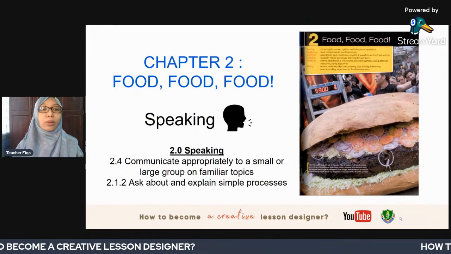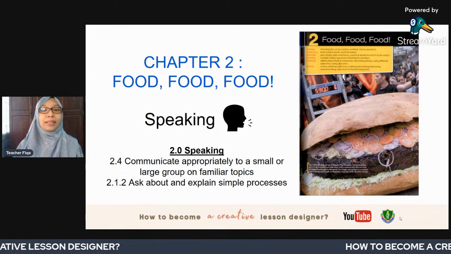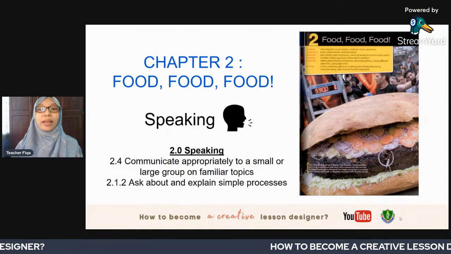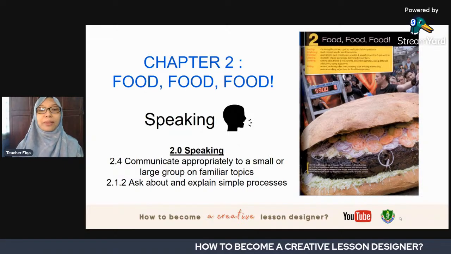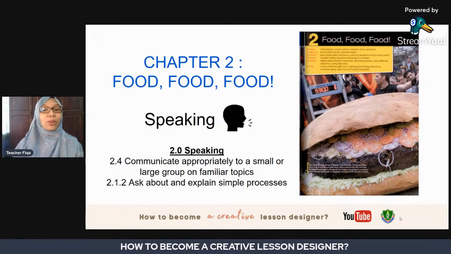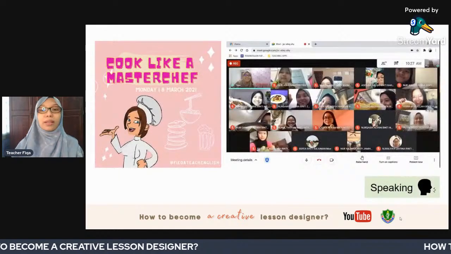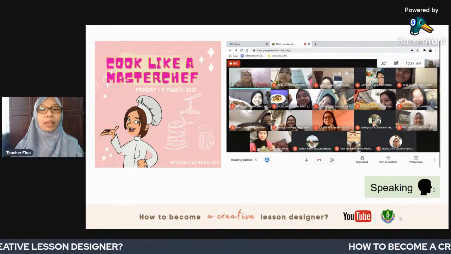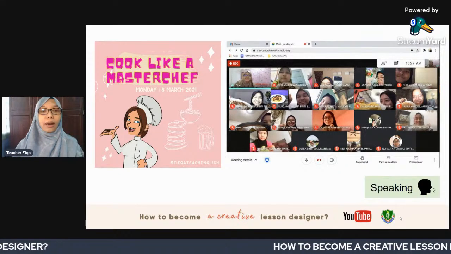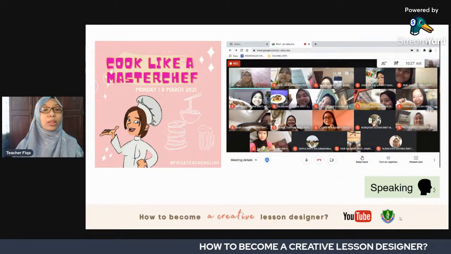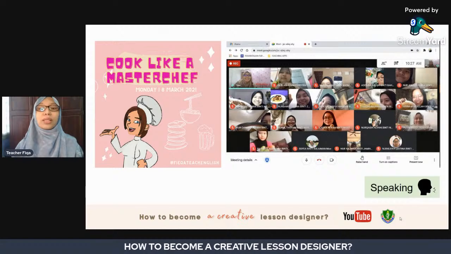The first one, in chapter 2 in the Close Up textbook, the topic is about food. And I think this topic is so interesting, right? And so relatable to us. Who doesn't love food, right? So I carried out this one lesson entitled Cook Like a Master Chef, where I asked my students to do a cooking demo during our Google Meet session.